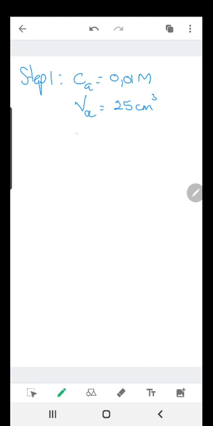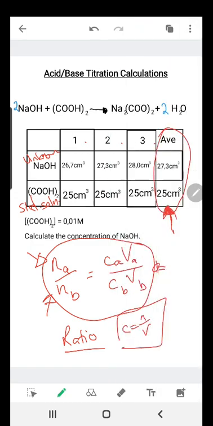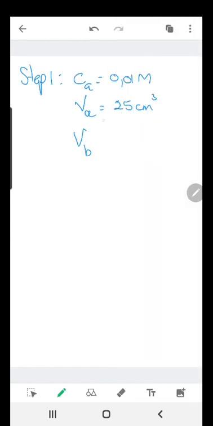We have the volume of the base. What's the volume of our base here? It is 27.3 centimeters cubed. So let's put that in there. And we want to calculate the concentration of the base.